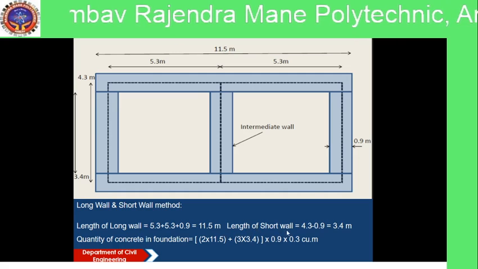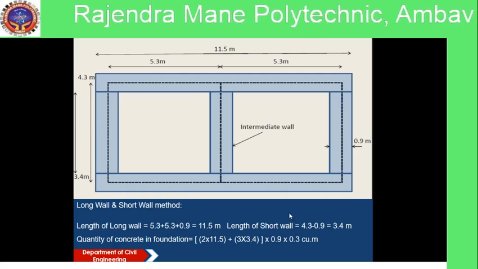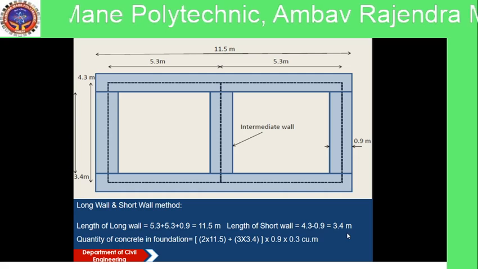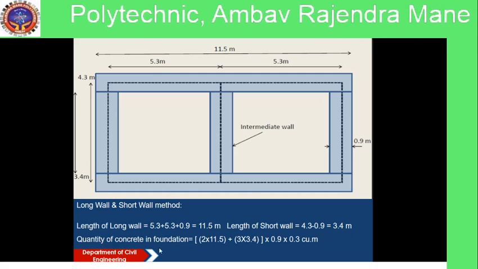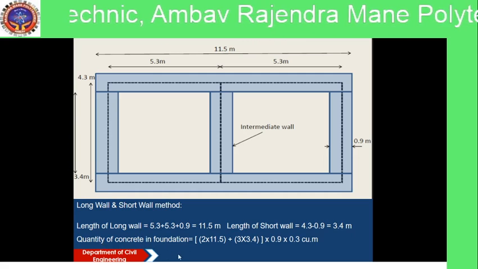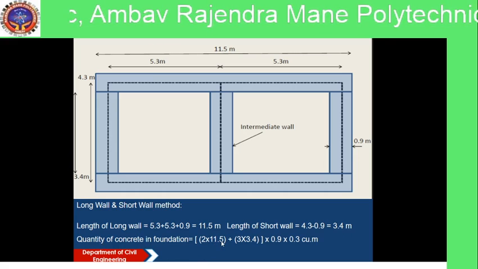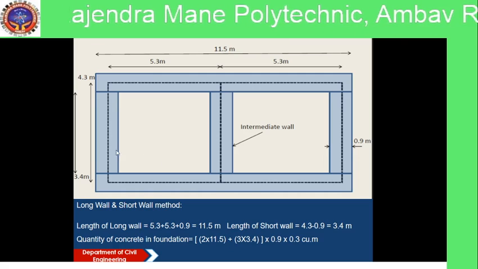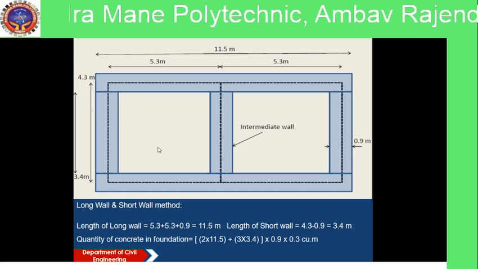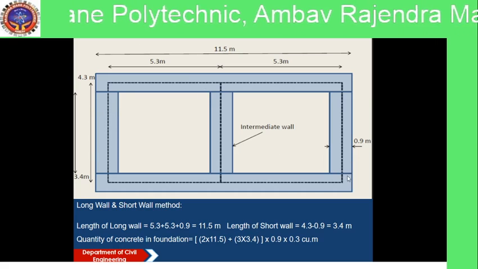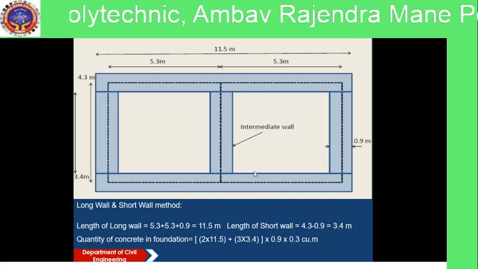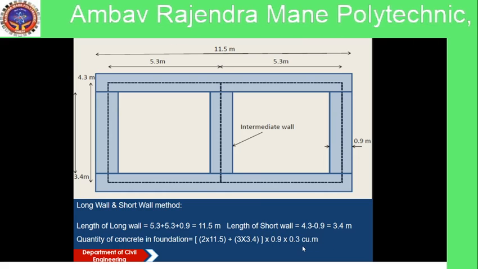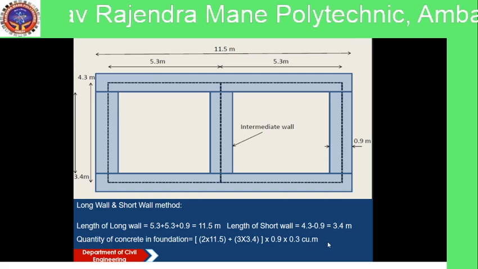Length of short wall is equal to 4.3 minus 0.9, so equal to 3.4. So quantity of concrete in foundation is equal to 2 long walls, 2 into 11.5 plus 3 short walls, 3 into 3.4, into width 0.9 into thickness 0.3. So total quantity is in cubic meter.